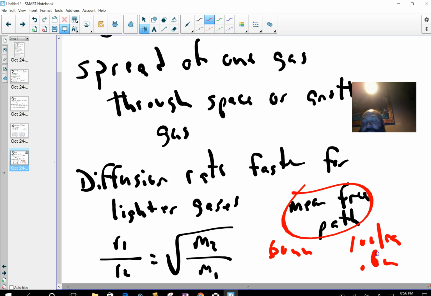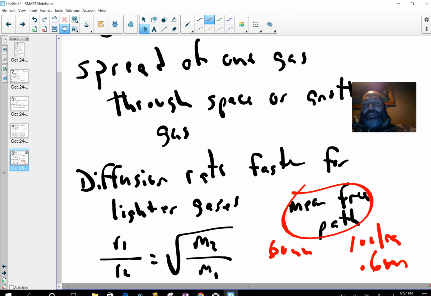That's about 1,000,000,000 times farther, so 10 to the 9th. So it's going to travel 1,000,000,000 times farther before it hits something. So your diffusion will happen even faster at higher elevations.